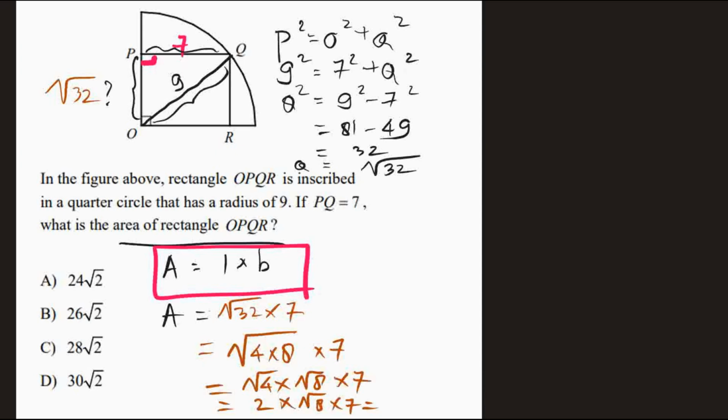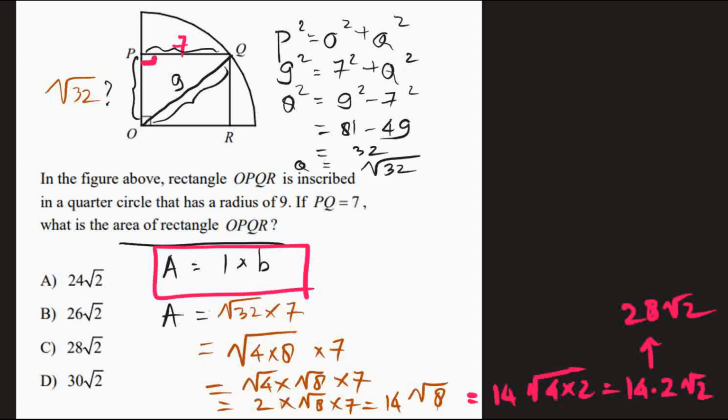So 2 times 7 is 14. Square root of 8 again, we can break square root of 8 into square root of 4 times 2. So it equals 14 times square root of 4, which is 2, times square root of 2. And then the final answer is 14 times 2, which is 28 square root of 2. So this will be our answer.